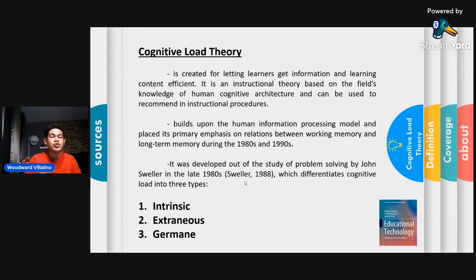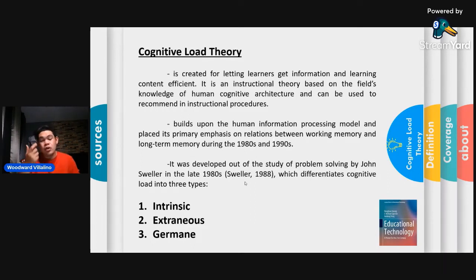So if we are able to make a particular cognitive architecture about it, we'll be able to recommend this to other instructors or educators as well, that it would be more effective if you use this or that. So cognitive load theory builds upon the human information processing model and places its primary emphasis on relations between working memory and long-term memory.